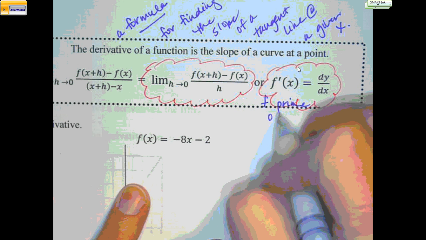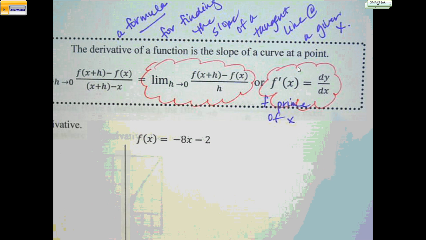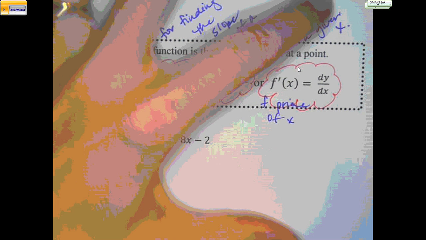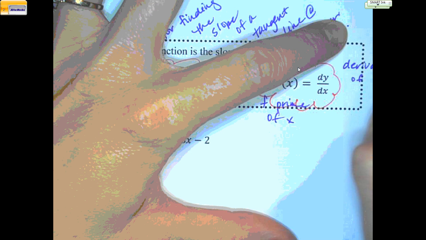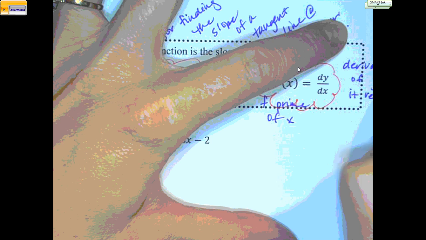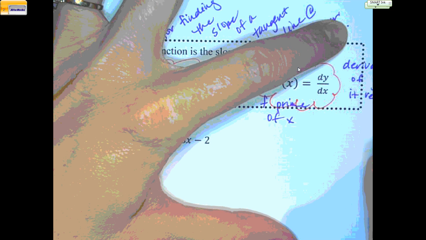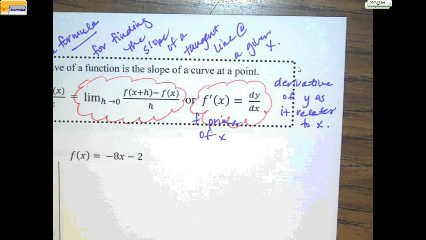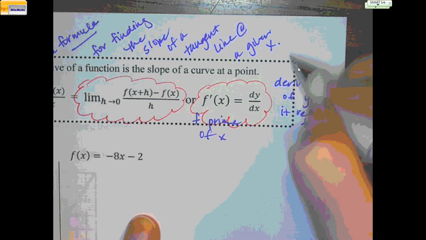The little guy on the right, you're going to say the derivative of y as it relates to x. That's going to be more important later.